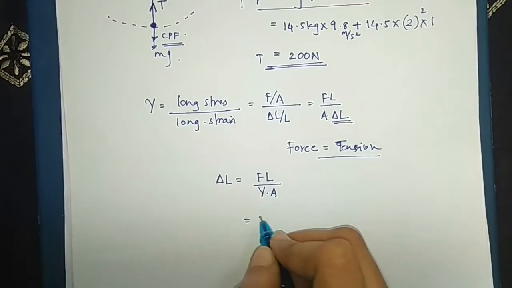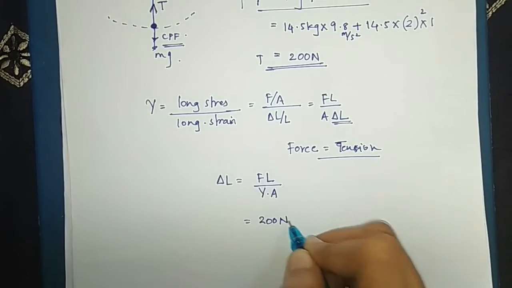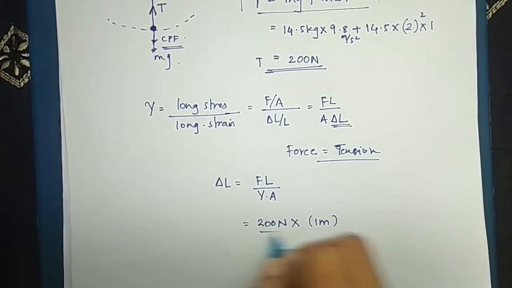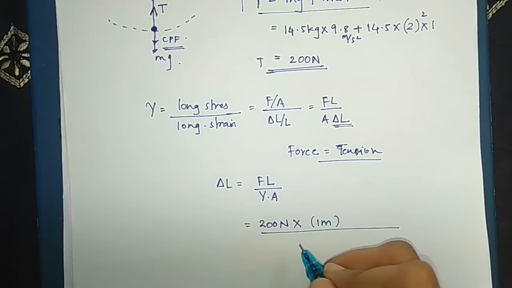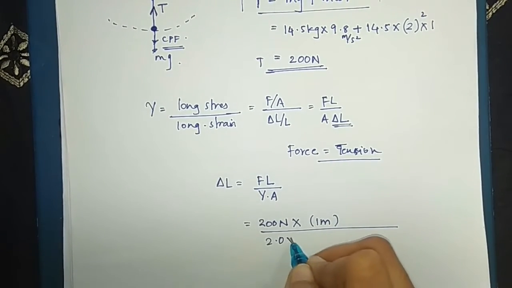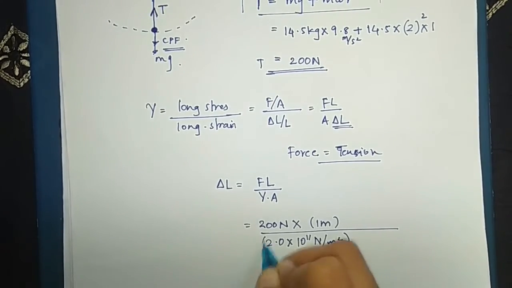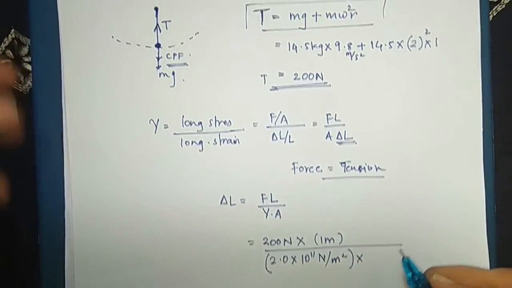So it's 200 Newton into the length of the steel wire, which is 1 meter. Young's modulus of steel is given as 2.0 into 10 raised to 11 Newton per meter square, and the area we have converted.